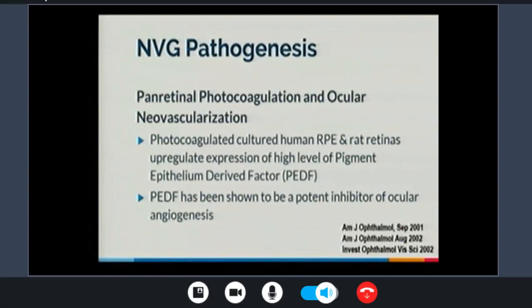So PRP, as we'll see later, is not only destroying the source, but also enhancing the retinal cells to produce certain natural antidotes to the molecule of vascular endothelial growth factor.